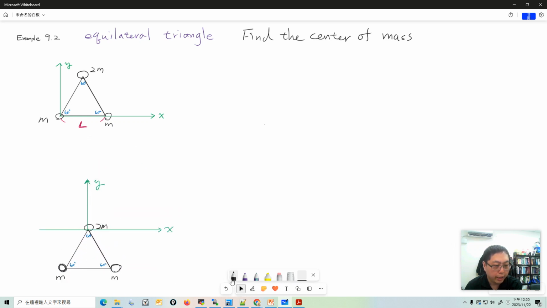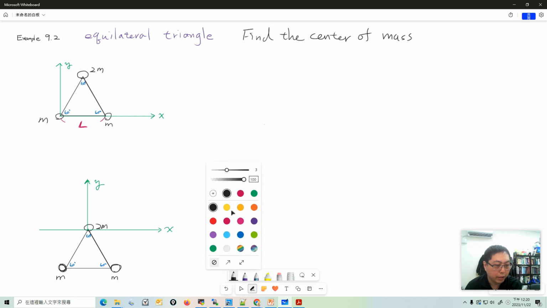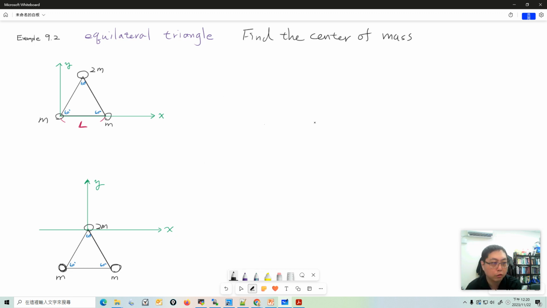And the formula for calculating the center of mass, you still remember that. Right now it's a two-dimension problem, so we only write the formula for x and y.